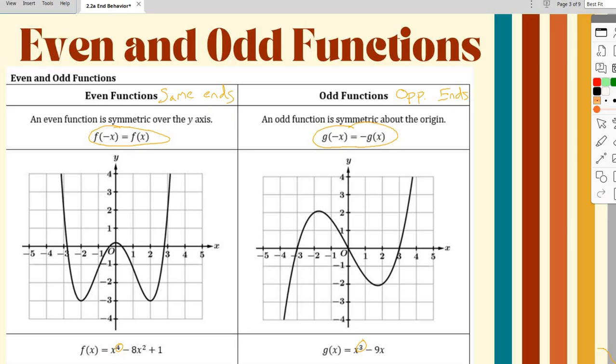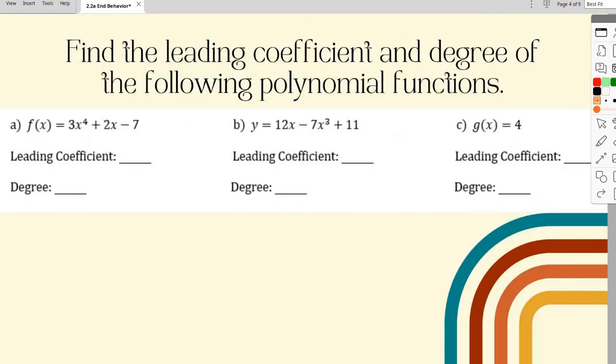Now, I did say we're going to use a notation in here that deals with infinities to talk about our end behavior. And that is getting us ready for calculus. Okay? But we're going to use our leading coefficients and our degrees in order to help us figure out what our ends do.